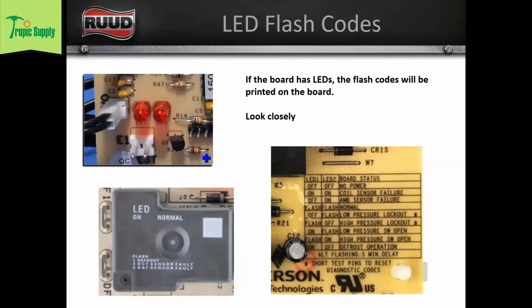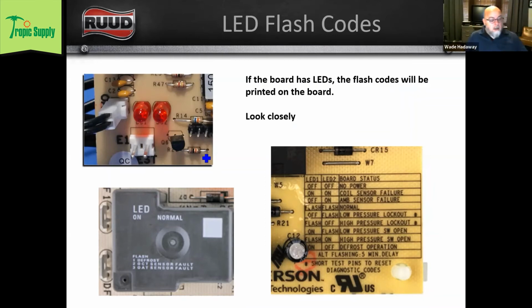Wade, earlier somebody wanted you to briefly touch on the fact that because it's demand defrost and because certain conditions need to be met, it's not uncommon for that unit not to go into defrost even though we're below 35-degree outdoor ambient. Yes, absolutely. It might not, and that's true for a lot of reasons.